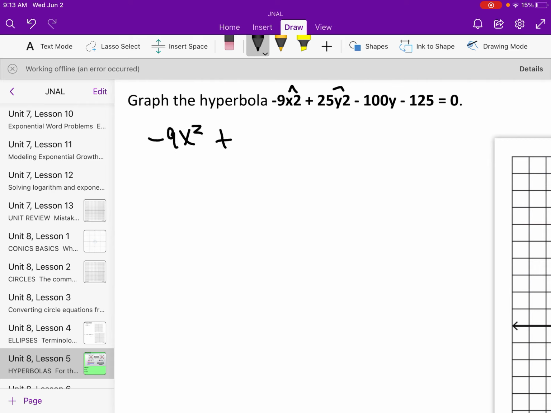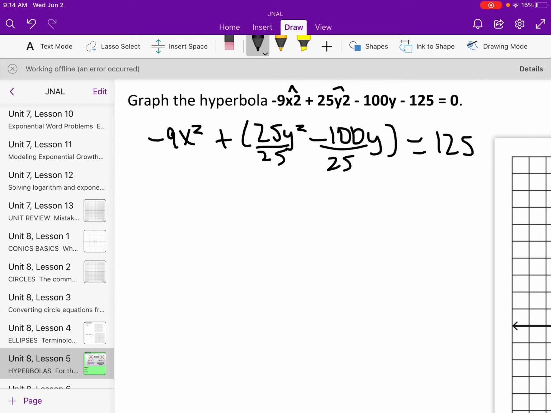And then we have plus 25y squared minus 100y equals, make the 125 on a different side, 125. Okay, now we need to divide by 25, so that coefficient can be 1, like it needs to be.